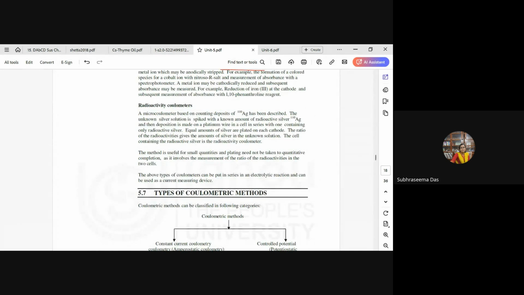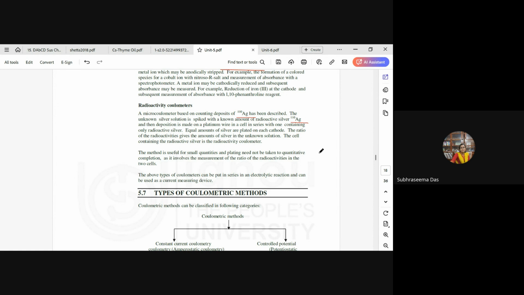Then we have radioactive coulometers. Here a microcoulometer that is based on counting deposits of silver 110, a radioactive element, has been described. Radioactive silver is spiked with an unknown silver solution, and then the electrolysis is made.